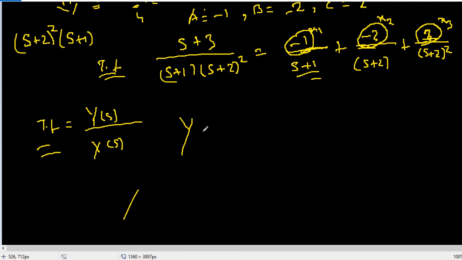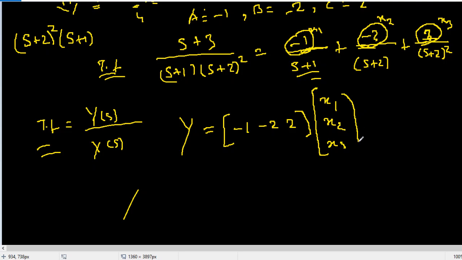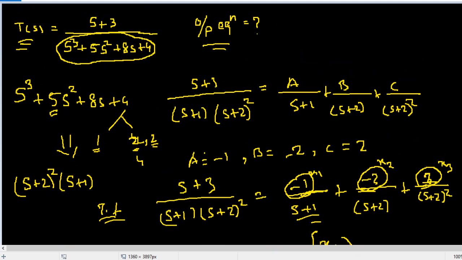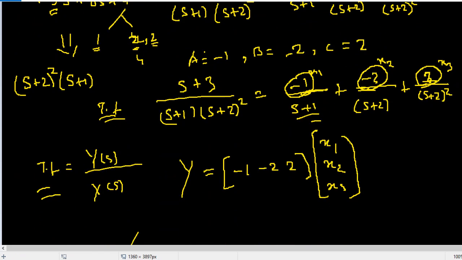Now the row column, that is, the output becomes, and we have three equations, three elements, which we can note down here. And now we have our solution of the transfer function, which is given here, and this is our output equation.